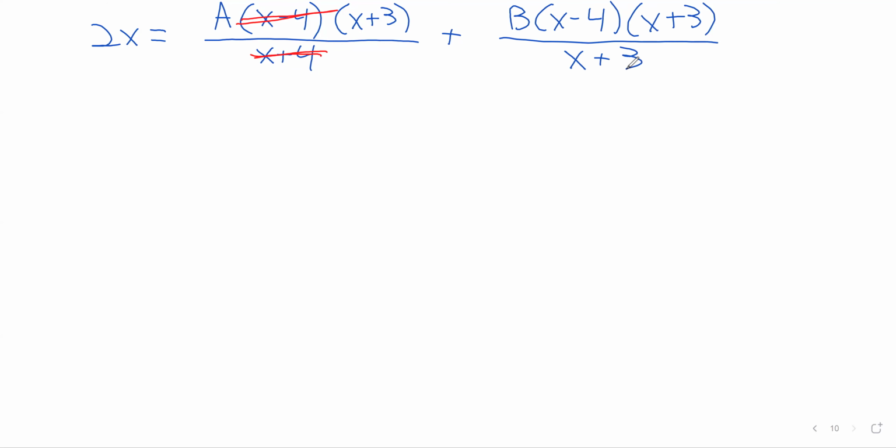You see the x... I keep making little typos here. That was a minus. You see the x minus 4s cancel. And then the x plus 3s cancel.